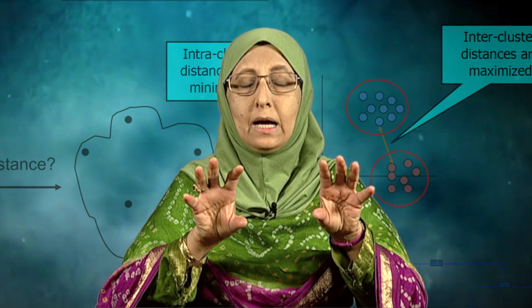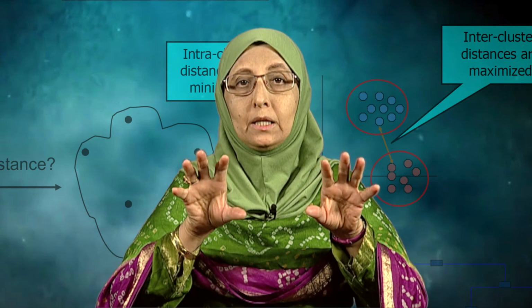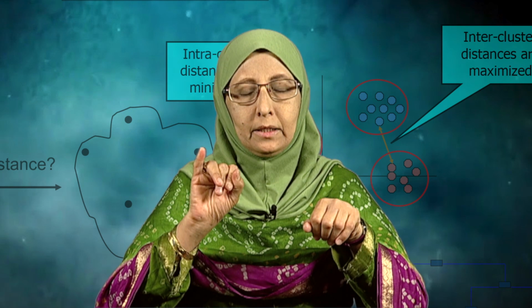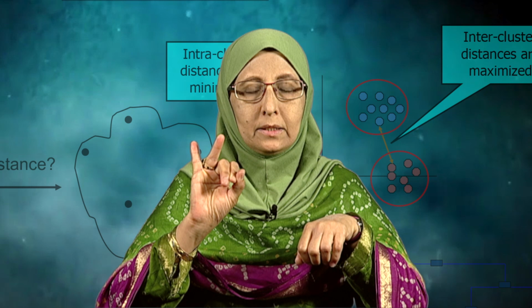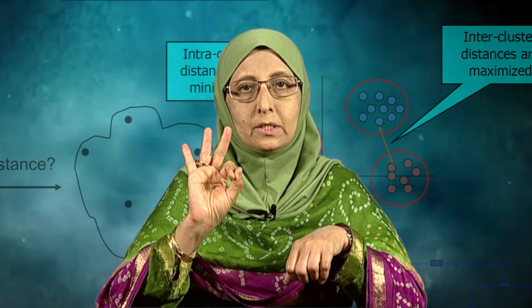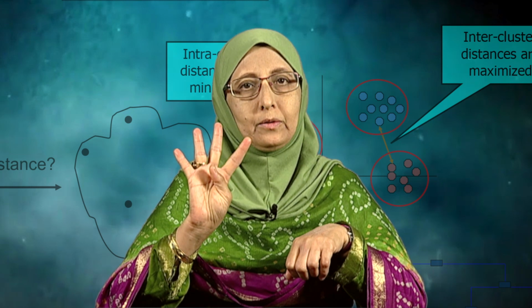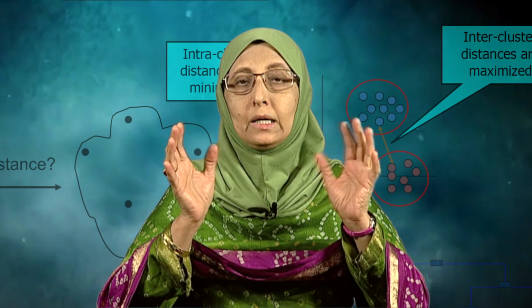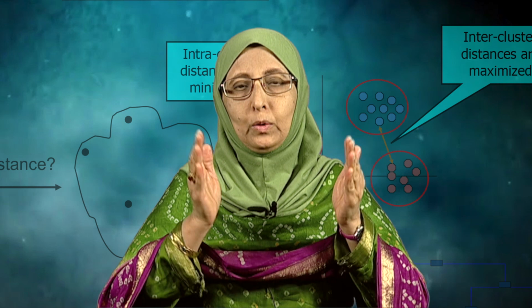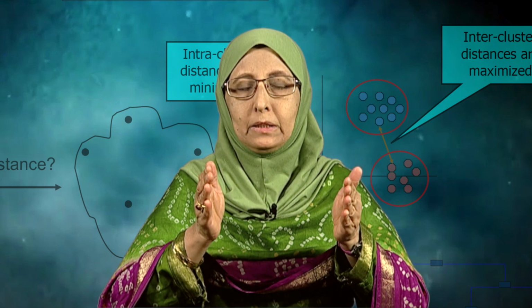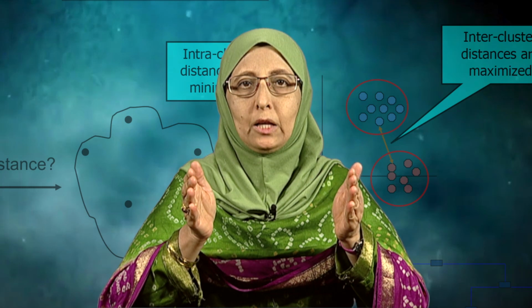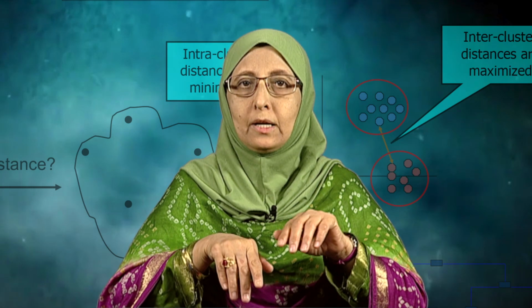The question was, how do I compute these intercluster distances? For doing that, we used the single link distance, the complete link distance, the average link distance and the centroid. So, this is the way we compute the distances between the two clusters. Now, with this, we will complete the discussion on hierarchical clustering and move on to the next clustering algorithm, which is the partitional clustering algorithm.